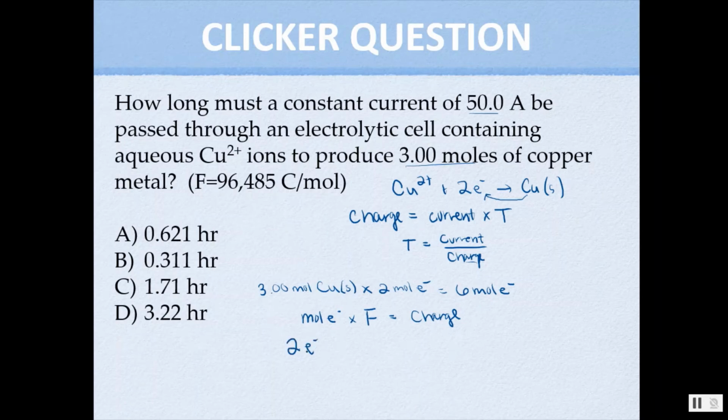So what I'm going to do is take that 6 moles of electrons and multiply it by Faraday's constant, 96,485 coulombs per mole, in order to figure out the number of coulombs applied.